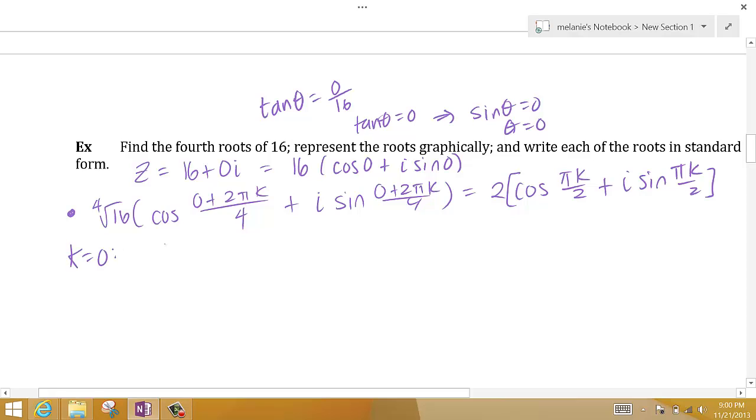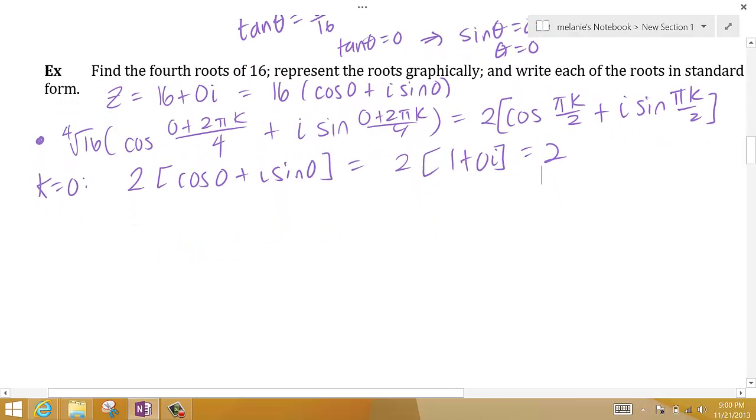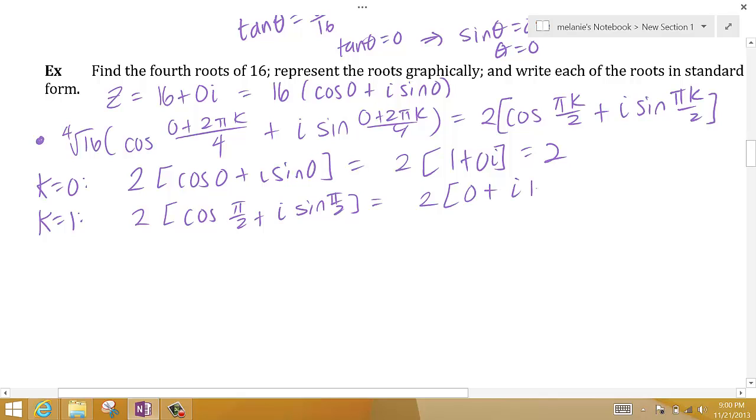Starting when k is 0, we get 2 times cosine 0 plus i sine 0, which is 2 times 1 plus 0i, which is just 2. And now k can also be 1, so we get 2 times cosine of pi over 2 plus i sine of pi over 2. Sine of pi over 2 is 1, so we get 2i.